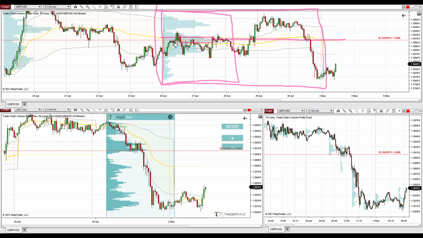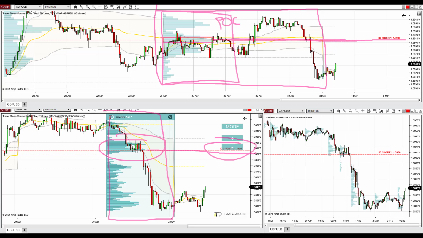This is where the volume profile is the thickest, and this is the place which is called the weekly point of control, which means that the heaviest volumes throughout this whole week were traded there. This is always a pretty significant place to trade from, and in this case it is a nice addition to our volume based level, which is exactly at the same level, right? 1.3906. If you look here, this is exactly the same level. Alright, so that's the day trading resistance on the British pound.